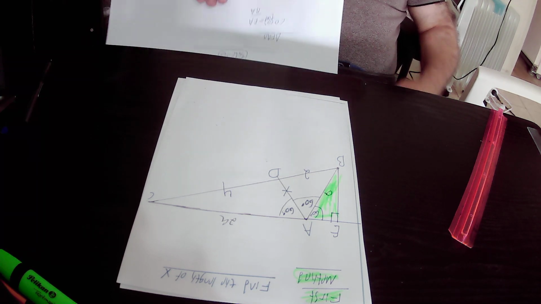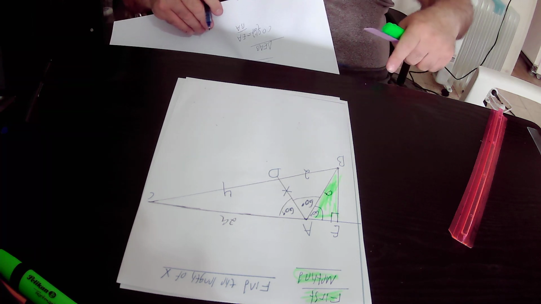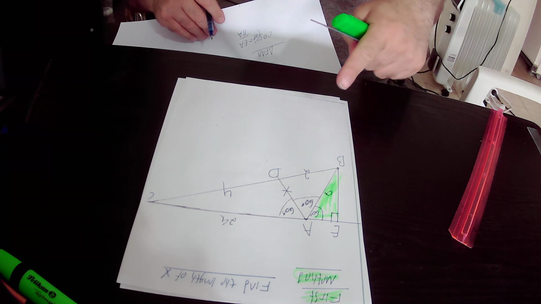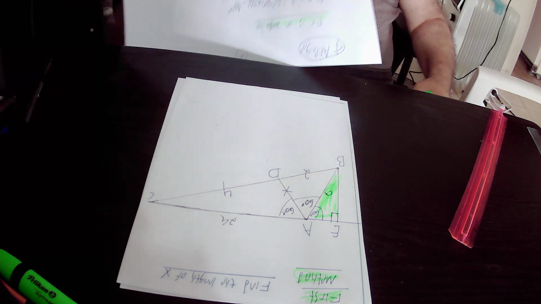I'll repeat again: cosine 60 degrees must be equal to EA over BA.